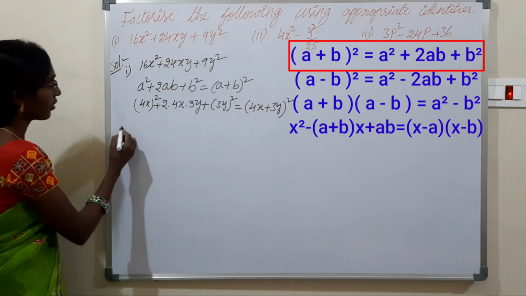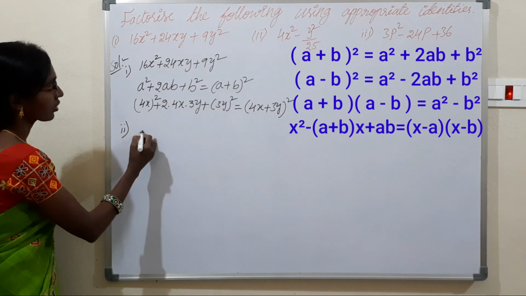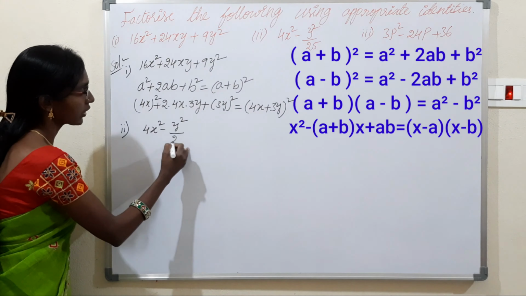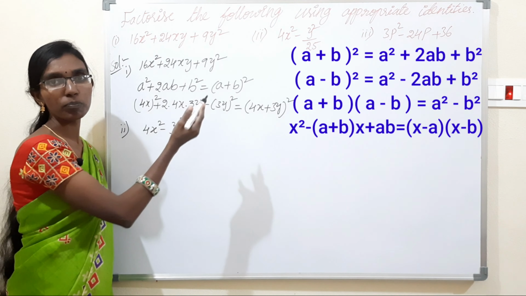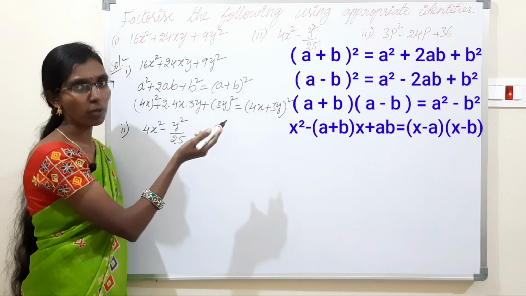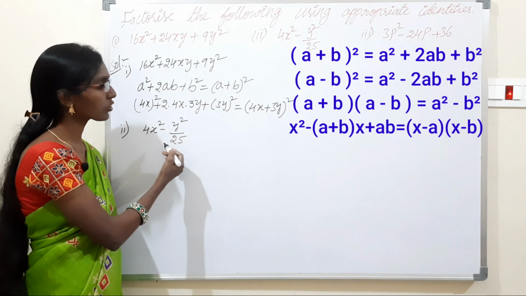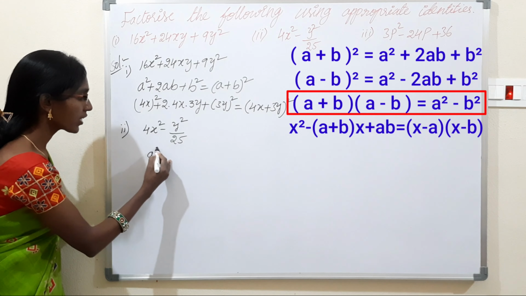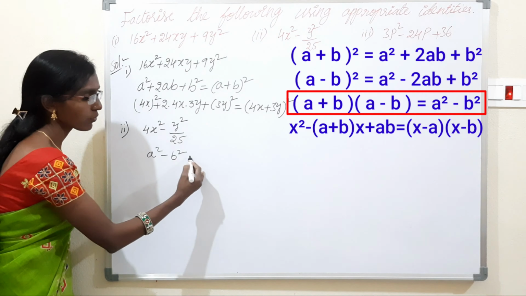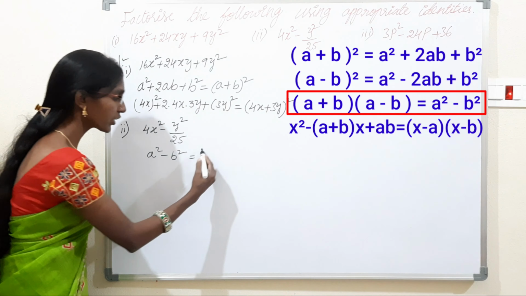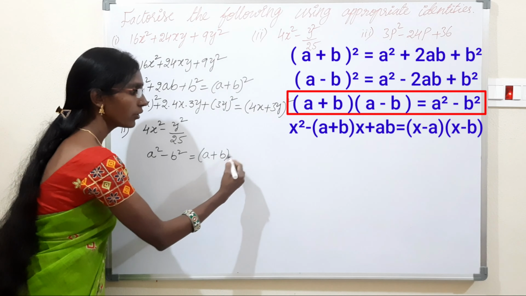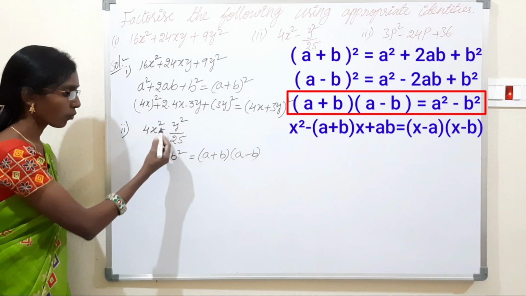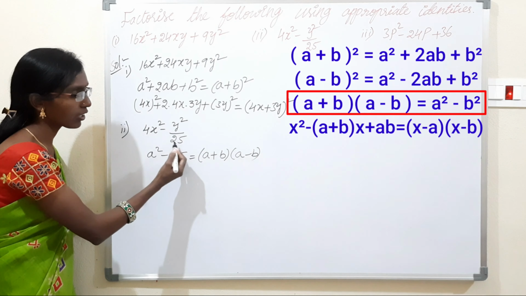Let us solve the second one. The question is 4x square minus y square by 25. Take a look at the identities. Did you observe? The given question is in which format? This is in the form of a square minus b square. A square minus b square is equal to a plus b into a minus b. So find out what the a value and b value are from the question.